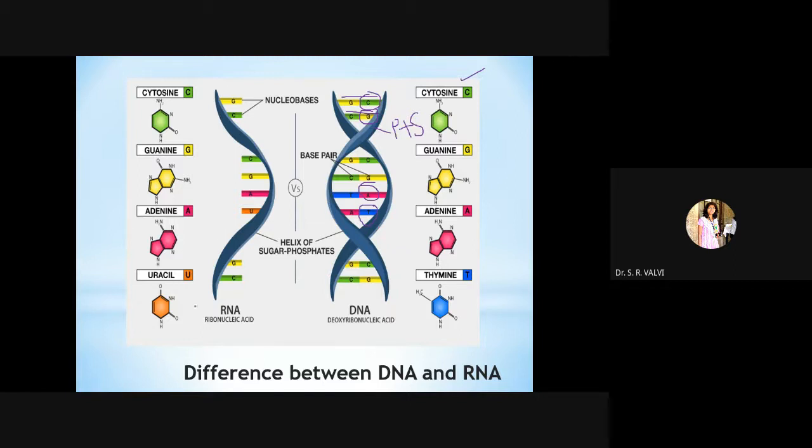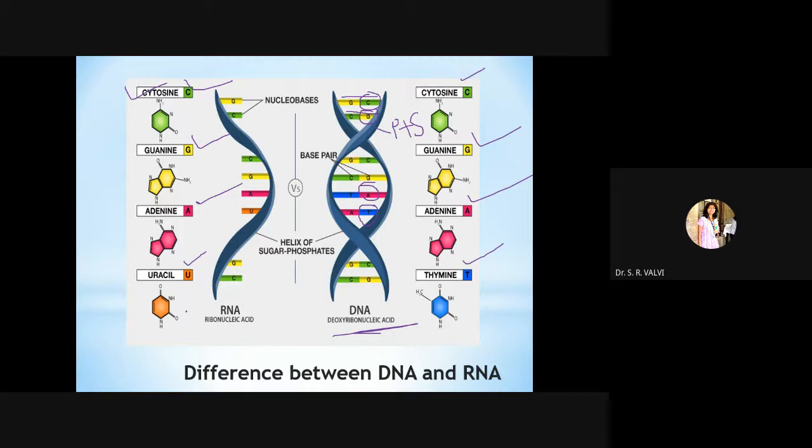Here see the difference between DNA and RNA. Cytosine is similar, guanine is similar, adenine is similar here too. The only difference is that thymine is present in DNA, whereas uracil is present in RNA.